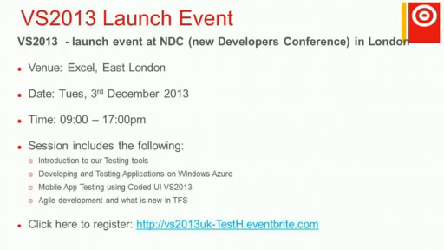Can TFS 2013 work with VS 2012? Yes, Team Foundation Server 2013 will work with Visual Studio 2012. Visual Studio 2012 has a number of updates, which include features and bug fixes. The latest version of those updates is update 4, so we refer to it as Visual Studio 2012.4.